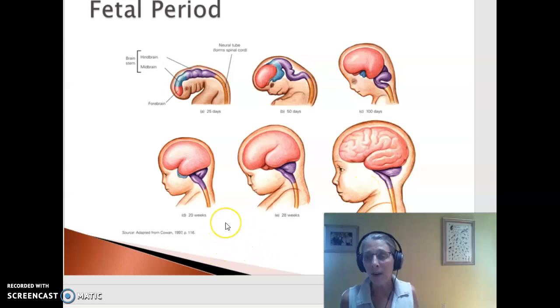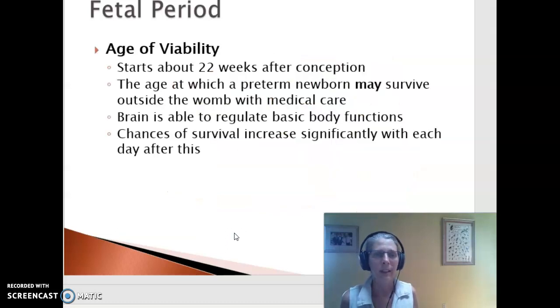So the age of viability where babies today, generally speaking, can be born and make it with usually some support, technological support, is about 22 weeks. So I'm going up and down here with the cursor. Right in between here is about where the babies seem to have enough brain development in order to maintain life. Okay, so this age of viability then is a term that you want to jot down and make sure you remember.